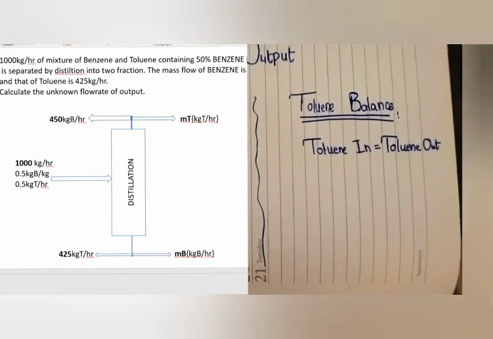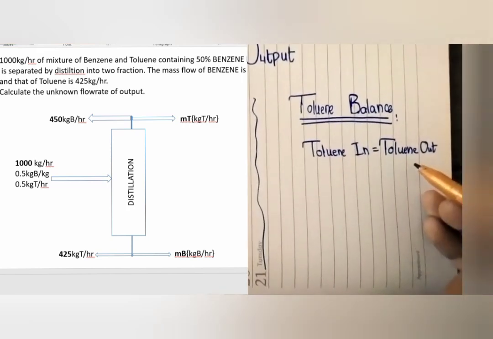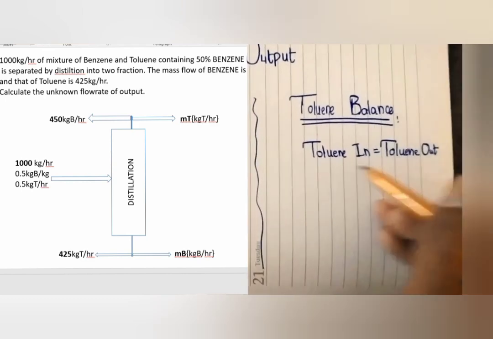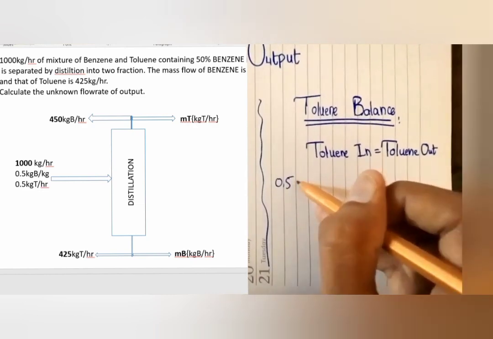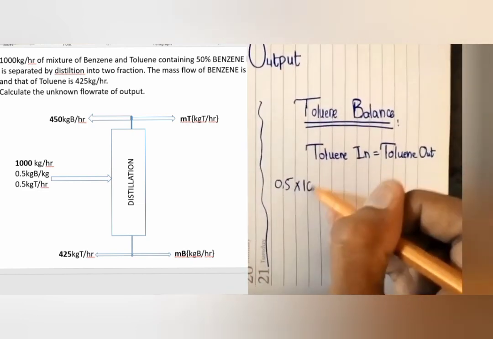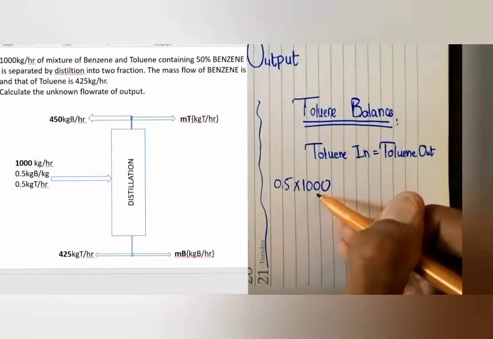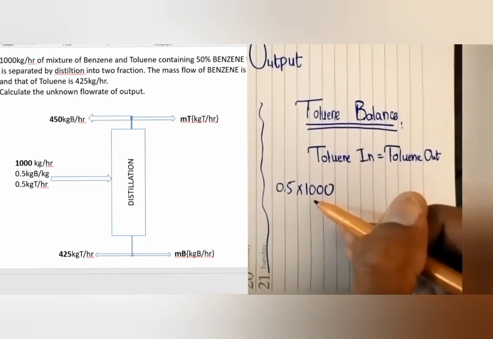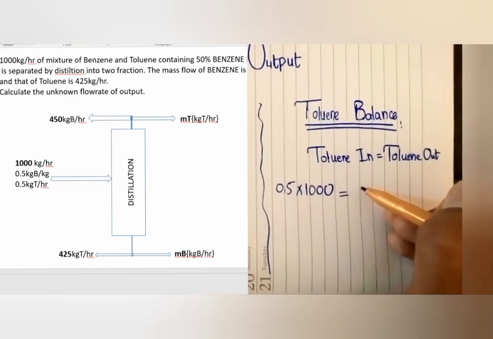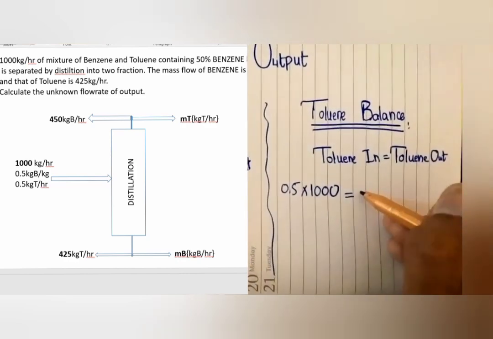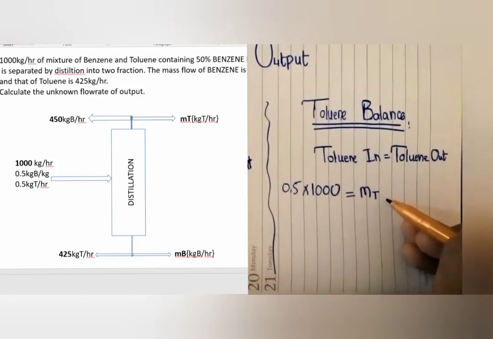Now to calculate MT, which is at the top, we apply the toluene balance: the toluene going into our system and the toluene going out from our system. Similarly, 0.5 kg T per hour, which we estimated from our problem statement, for toluene, into 1000 for the overall mass flow rate given in the question, equals the two toluene exits from our system. One is at the top of the system, and one is at the bottom.